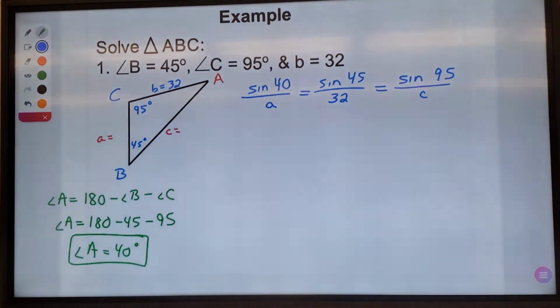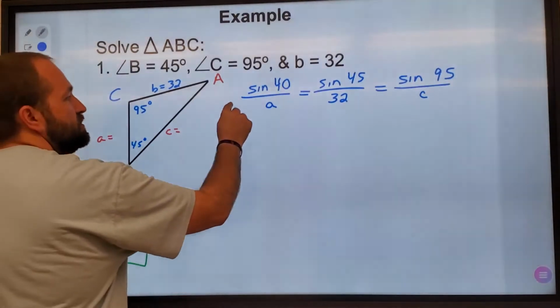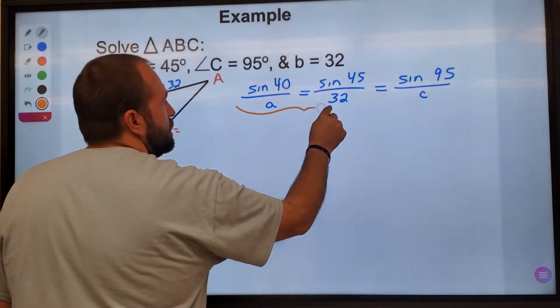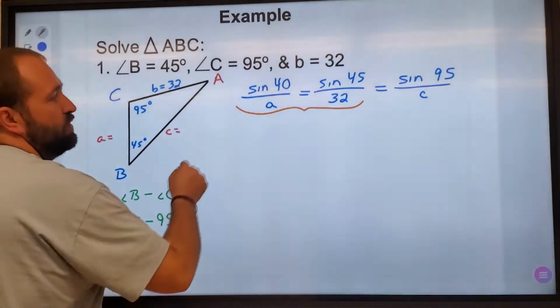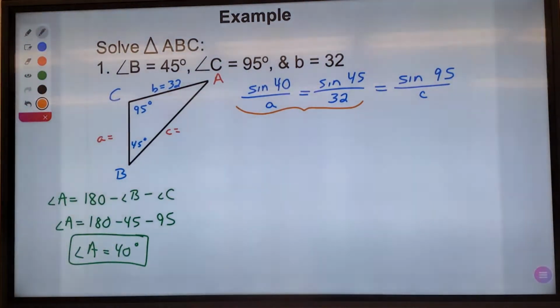Okay, when you're using law of sines, you'll notice that there is one of these fractions that is completely used up. My suggestion is to utilize that fraction in both pieces here. So I'm going to look at one side, use these two together, and solve for the one piece that's missing. This is working with proportions, and you're going to use something that you used quite a while ago, and we're going to cross multiply.